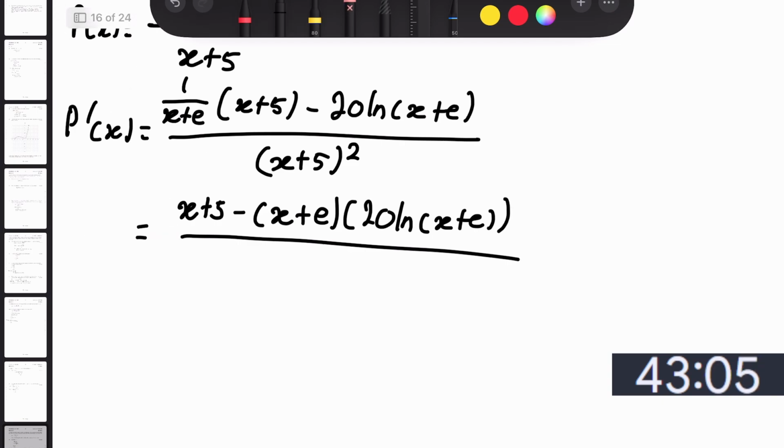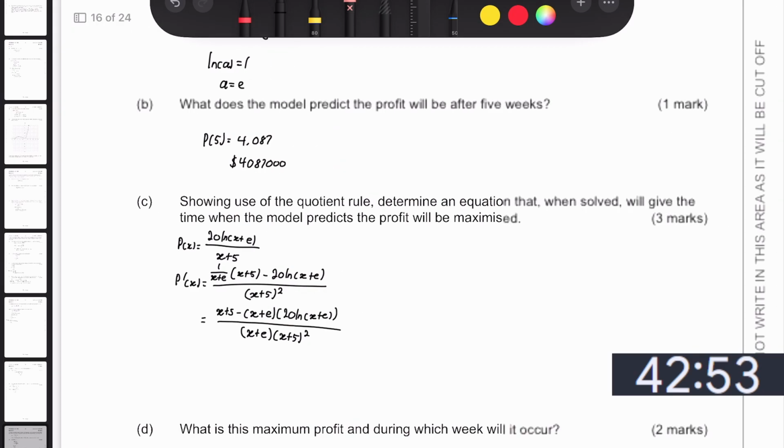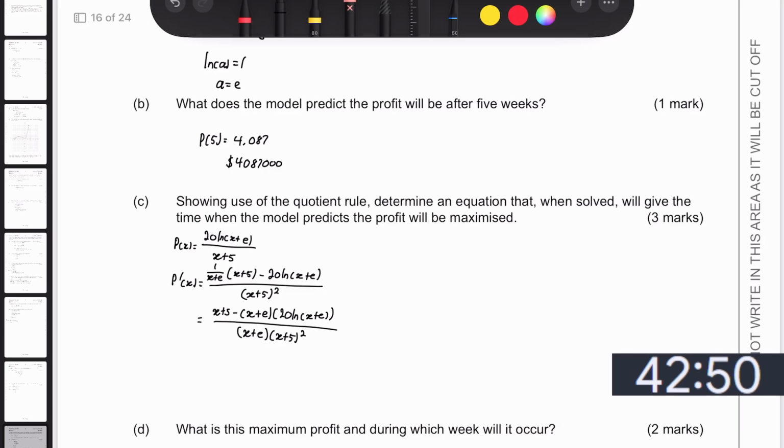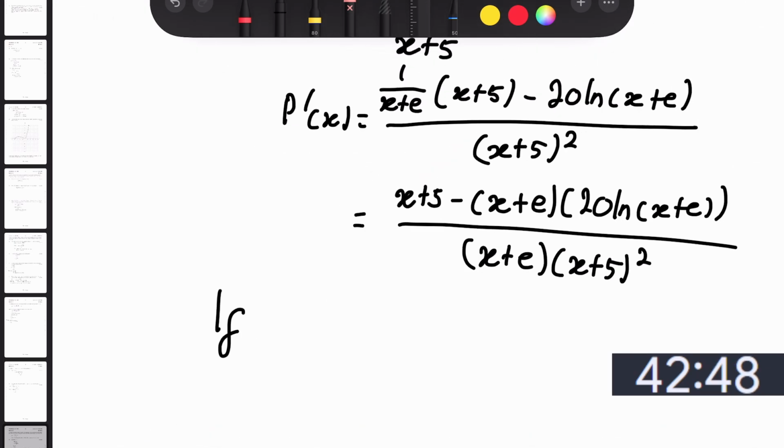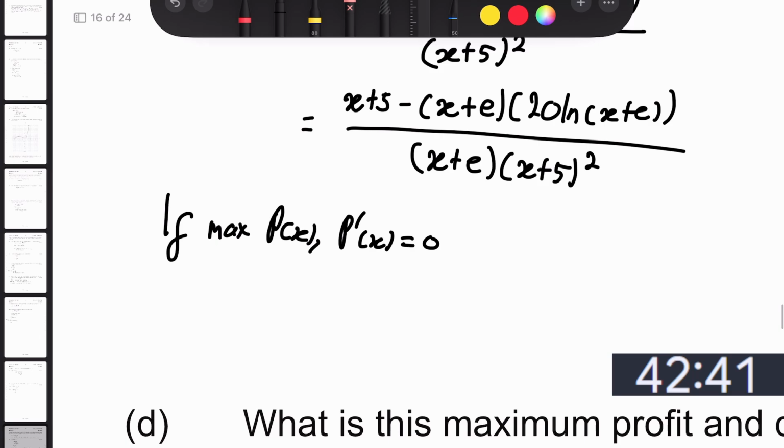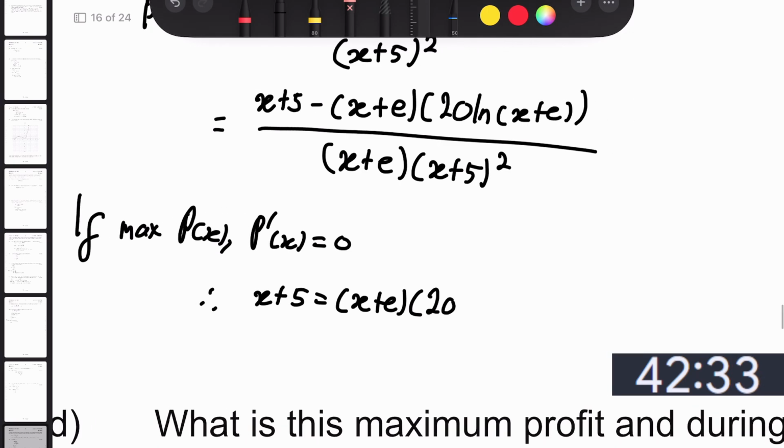So then this is minus x plus e times x plus 5 squared. So that is my ugly derivative. Then if I want max P of x, P dash of x must be equal to 0. Therefore we have that x plus 5 must equal x plus e times 20 ln of x plus e.